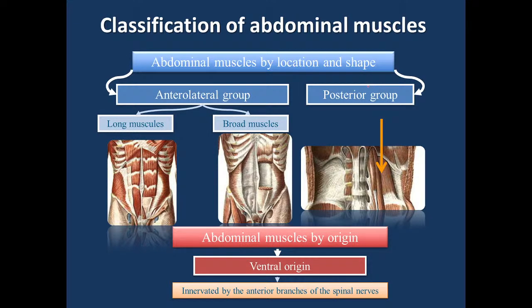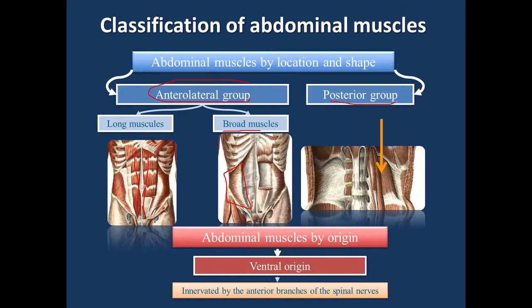Classification of abdominal muscles. We distinguish the anterolateral group, and these muscles may be long muscles like here, or broad muscles here. I remind you that broad muscles have a special tendon we call aponeurosis. All broad muscles have aponeurosis.